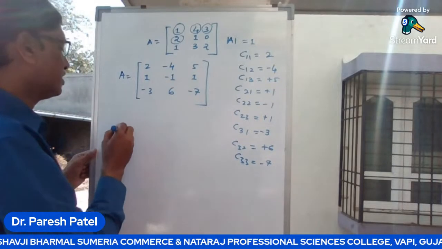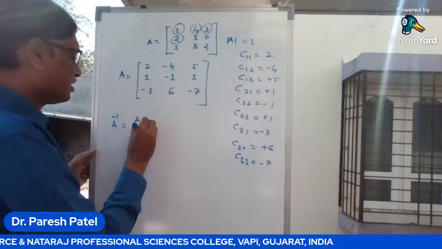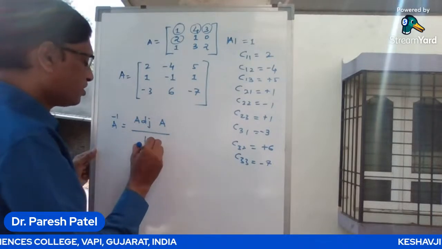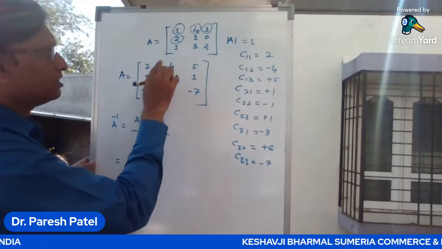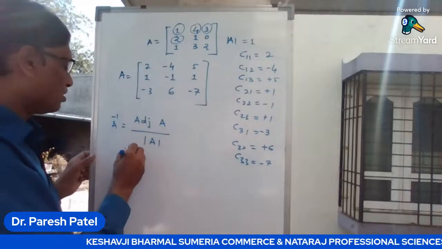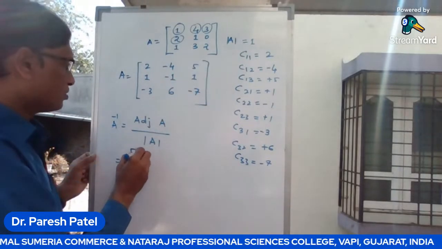Now A inverse is equal to adjoint A divided by the determinant of this matrix. In this case, for the adjoint of A, we have to convert these rows into columns, and the determinant of this matrix is equal to 1.